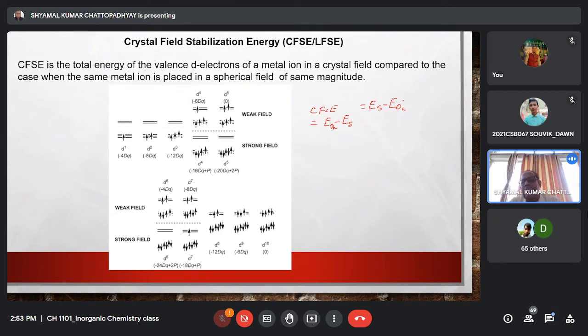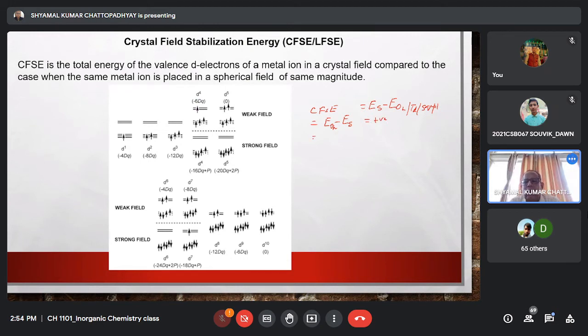So how much is it stabilized? You take the energy gap between the spherical symmetry or sometimes isolated gaseous ion, and the octahedral, tetrahedral or square planar field, whatever the symmetry of the complex may be, right? And you find out how much it is stabilized on going to the octahedral symmetry. So here the value will be positive. The more positive the value is, the more is the stabilization.